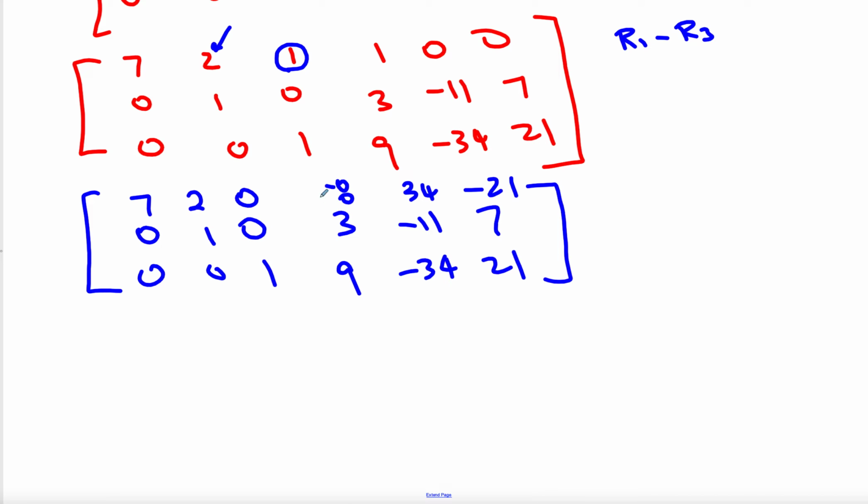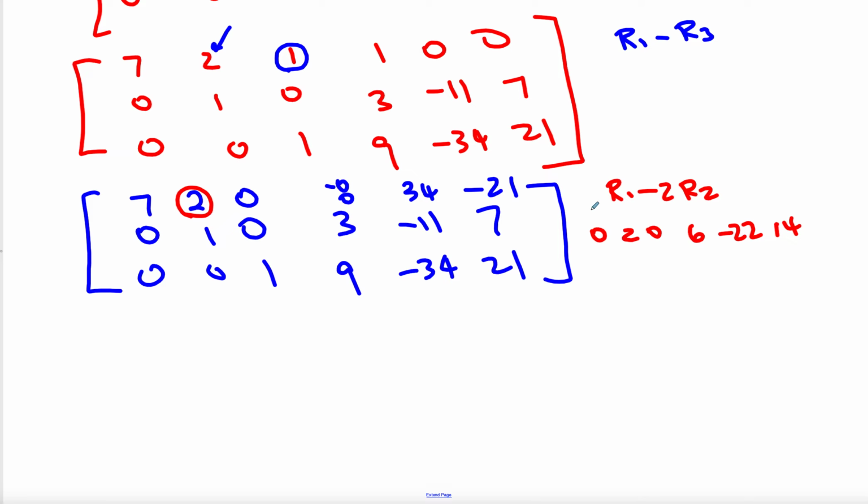Now, in order for me to get rid of this 2, R1 minus 2 times R2, then I get to get rid of this one. Double of this value simply becomes 0, 2, 0, 6, negative 22, 14.